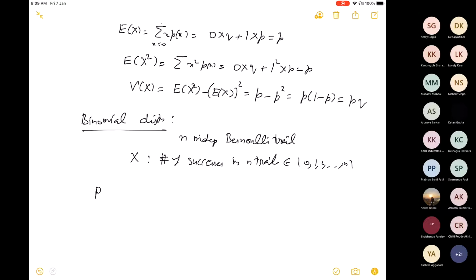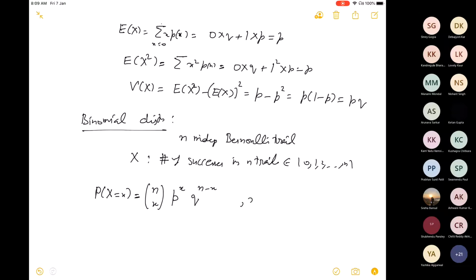So probability X is equal to x. For a sequence in which x successes are there, out of n, x are successes and n minus x are failures. And out of these n, the x successes can be arranged in nCx ways.